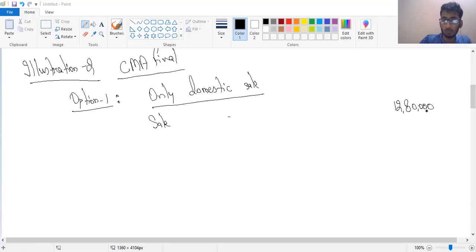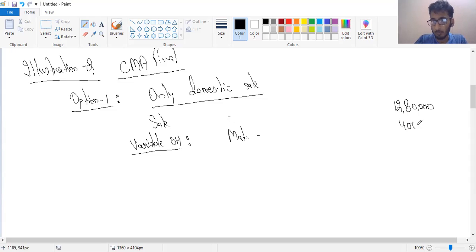My variable costs are material 4 lakh, labor 1 lakh 60,000, and variable overhead, which is 80,000.